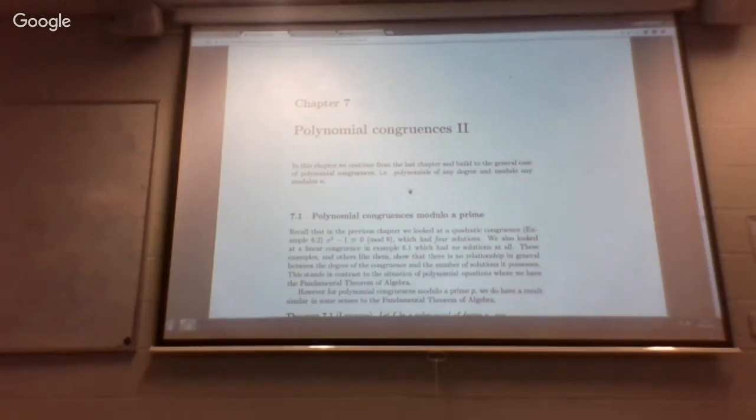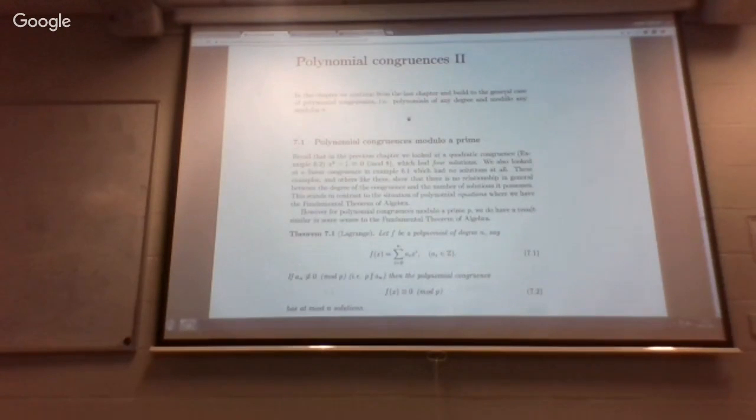Well, in chapter 6, we introduced the notion of trying to solve a polynomial congruence. We tackled the simplest possible case, which was linear congruences, just being equations aX congruent to b, modulo n. We got a complete understanding of when this had solutions, when it didn't, and exactly how many solutions it had.